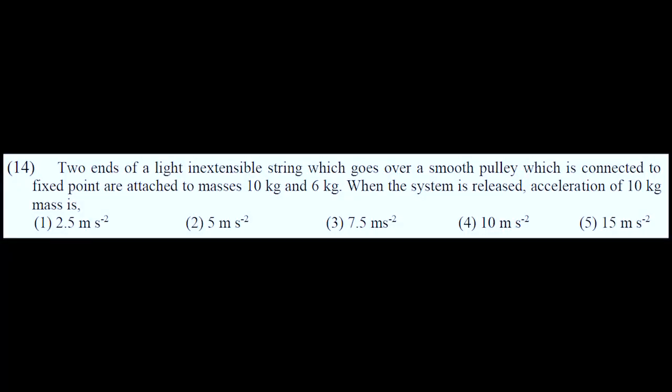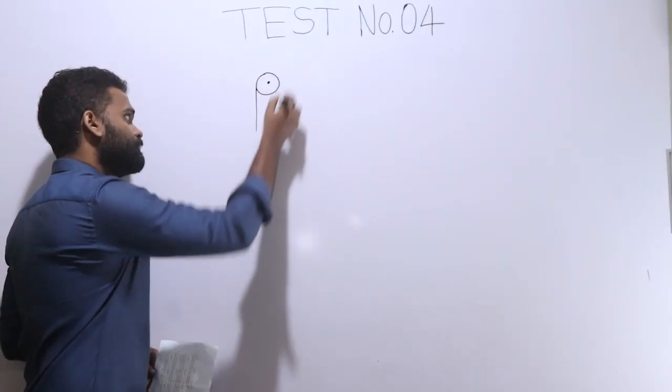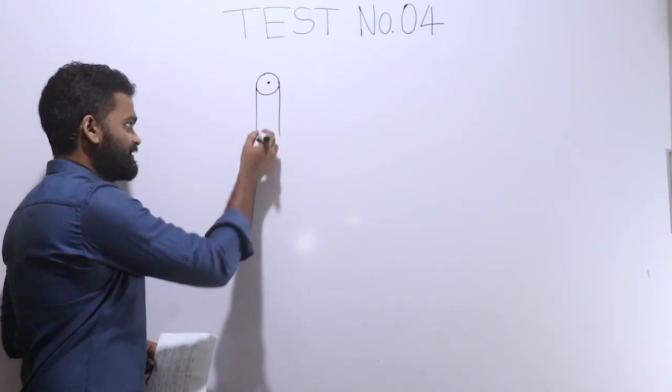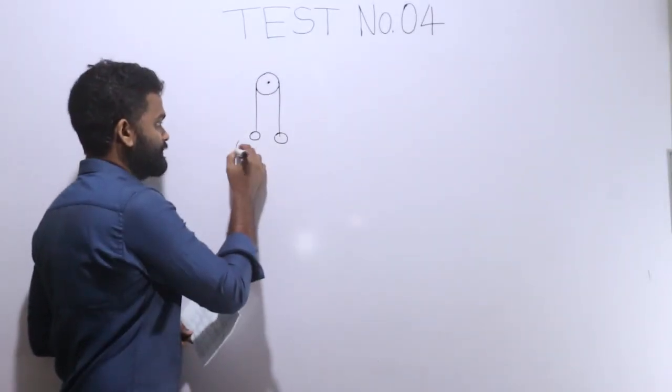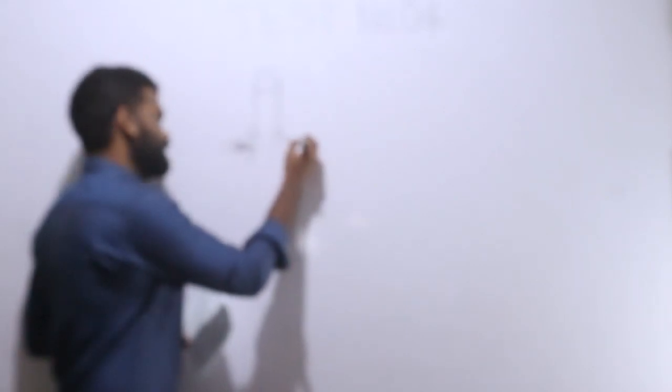When the system is released, the acceleration of the 10 kilogram mass is. So it's a simple pulley question. The pulley is smooth. The masses attached are 10 kilogram and 6 kilogram.